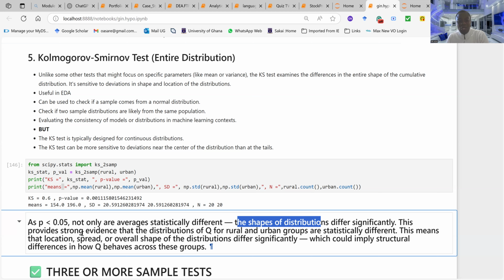And that means that location, which is the center, spread, which is the deviation, and the overall shape, which is the kurtosis, of the distribution, they differ significantly. Not one thing, but everything. And that could imply structural differences in how quantity demanded behaves across these particular groups.